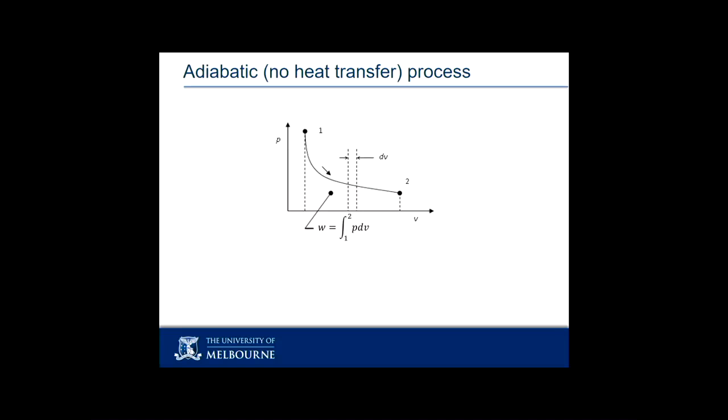Let's play the same game with an adiabatic process. Adiabatic means there's no heat transfer, which means I have an analytical statement for the heat transfer. The analytical solution for the heat transfer in an adiabatic process is Q equals 0. Nice.